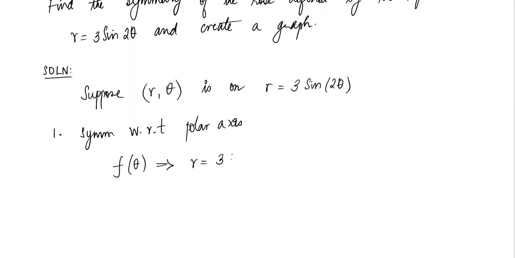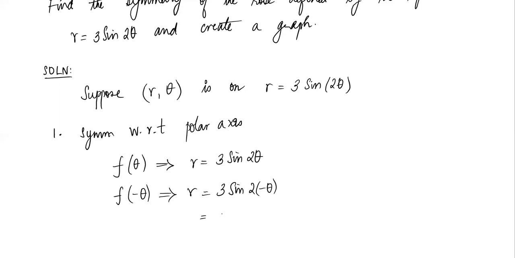If r equals 3 sine 2 theta, it's the polar axis, so f of negative theta, r equals 3 sine 2 times negative theta.